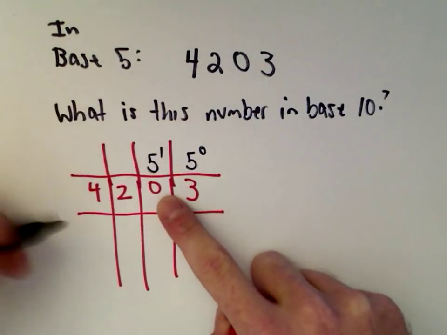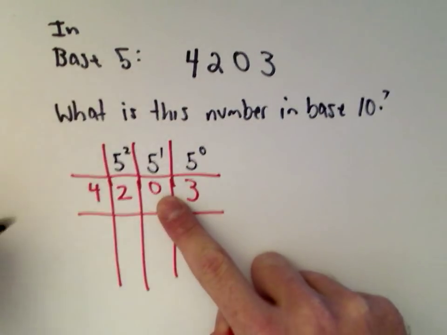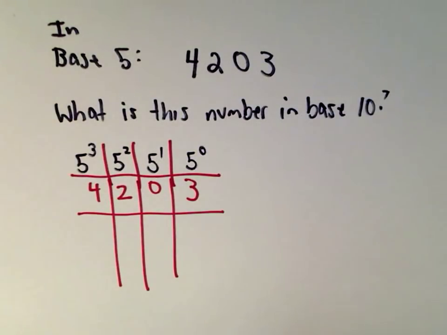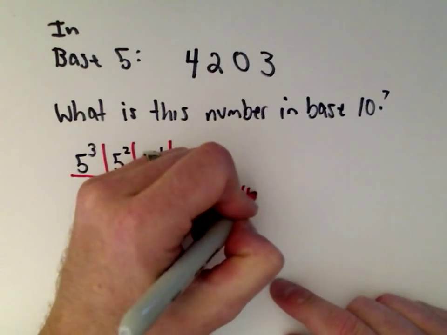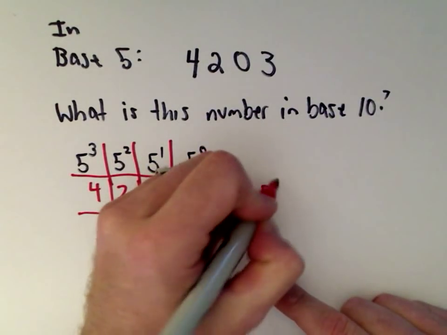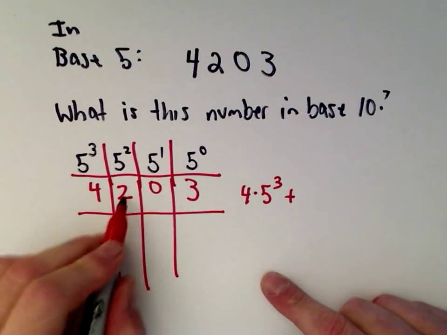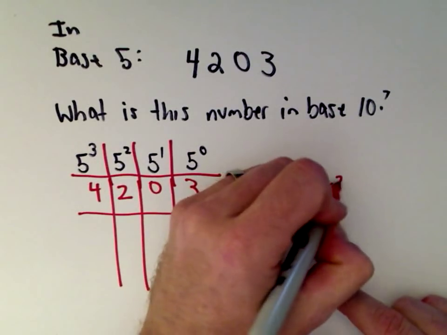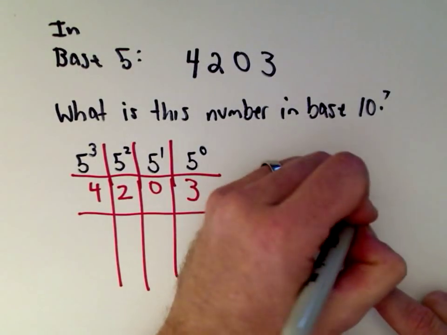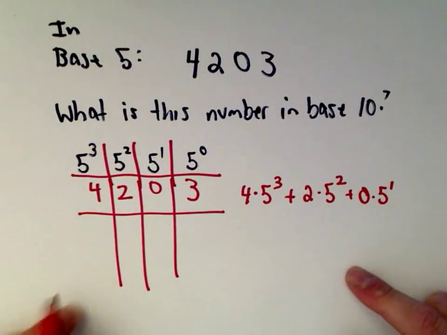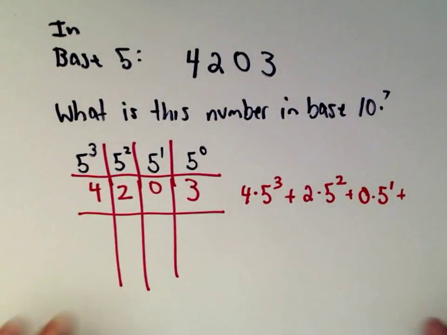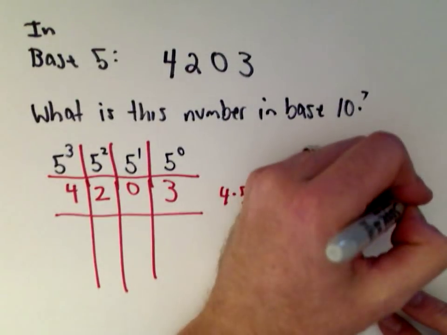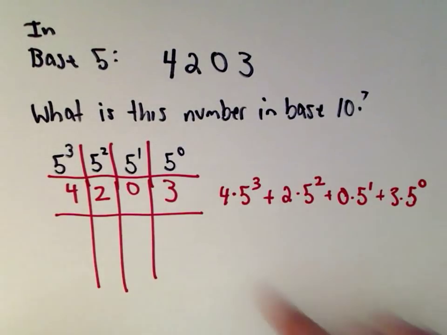Then we've got 5 to the 1st power, 5 to the 2nd power, and 5 to the 3rd power. So in base 10, it says we've got 4 of these 5 to the 3rd powers, plus we've got 2 of these 5 to the 2nd powers. Well, it says we have 0 of the 5 to the 1st powers. And last but not least, it says we have 3 of the 5 to the 0 powers.